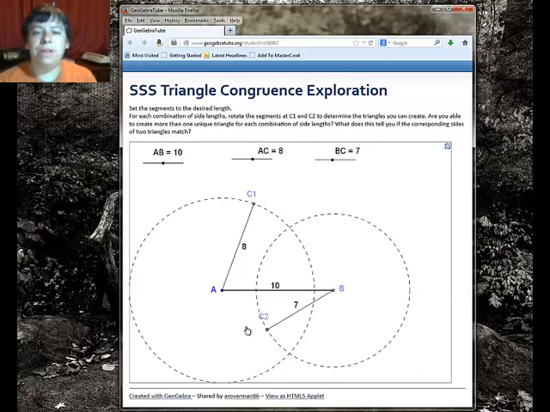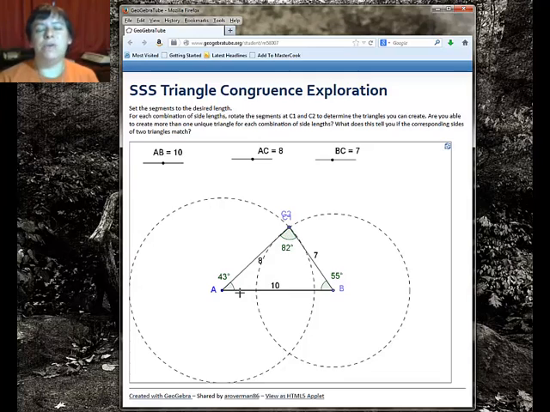So this segment 7 can make this circle. All these points on this circle are equidistant from point B. So I can tell just by looking at the other circle that I probably want to set that point there. Same thing for this segment, the 8. Now, when I finally make them touch, you can see the triangle I make.